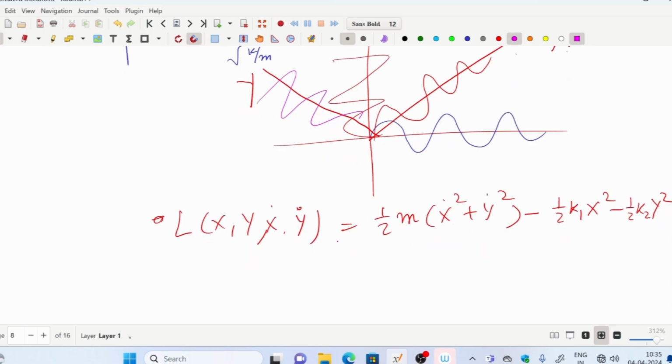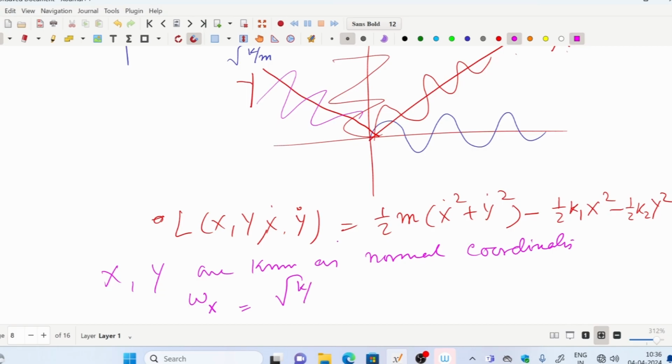Okay, so then these capital X and capital Y are known as normal coordinates, and the corresponding omega X will be root k1 by m, and omega Y will be root k2 by m, which are the normal frequencies.